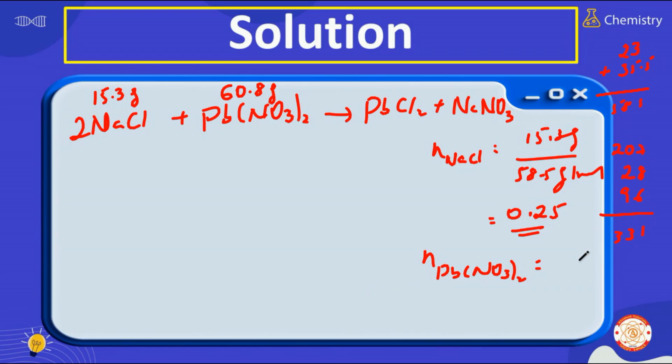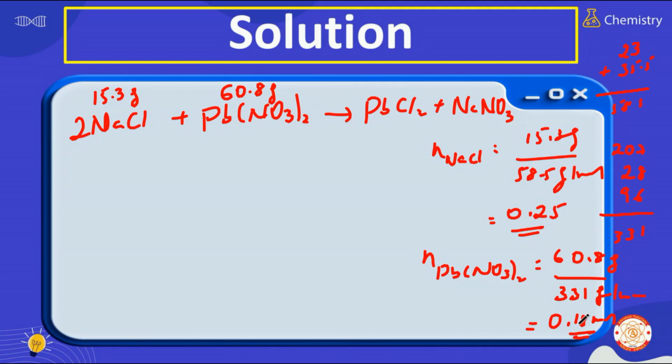So the mass of lead nitrate is 60.80 gram over 331 gram per mole, and this gives us 0.18.